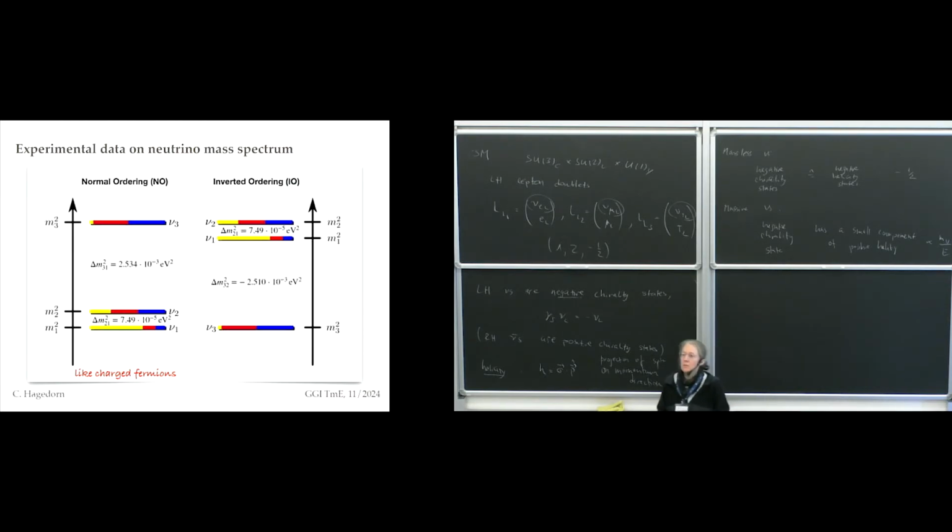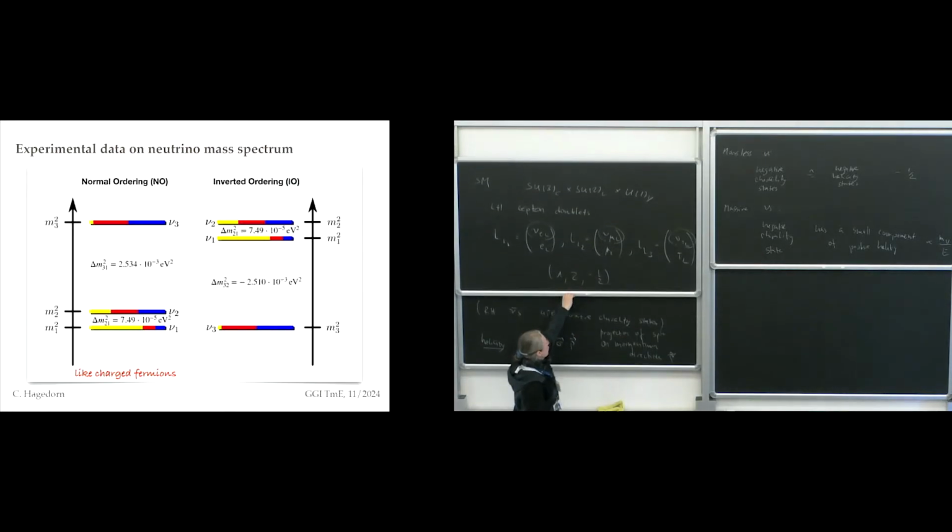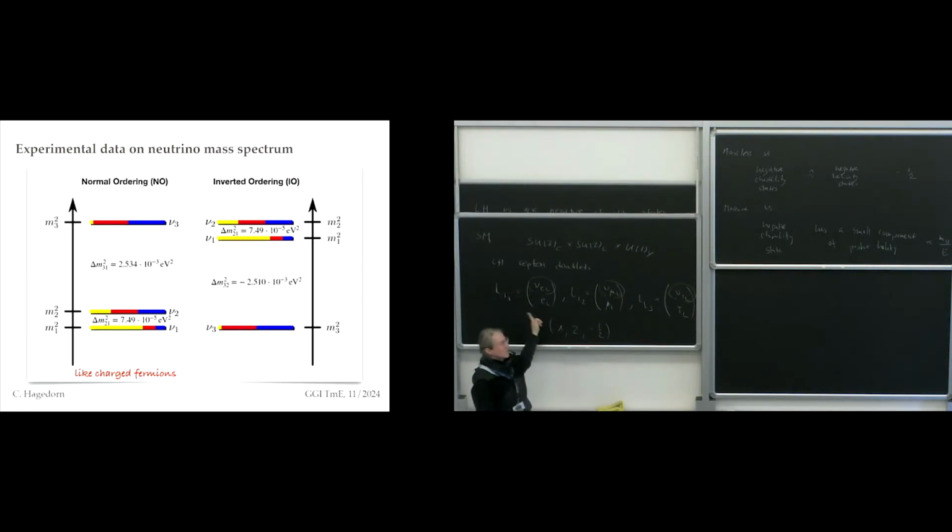Yes, please. I didn't get why we need the doublet to be left-handed and not the other part. So you are questioning this. It's an observation which we make. I mean, this is how the Standard Model is built, right? Weak interactions go with left-handed particles.